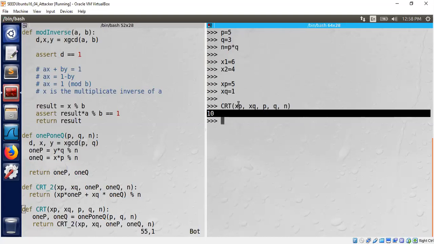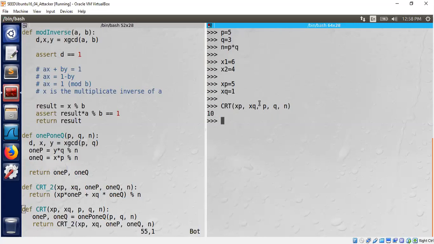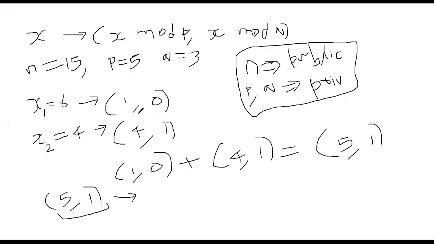So what you saw so far is a simple demo of adding two numbers in the cloud. When the cloud adds these two numbers, what happened? Let me go back to my share again. In the cloud, we did this addition.